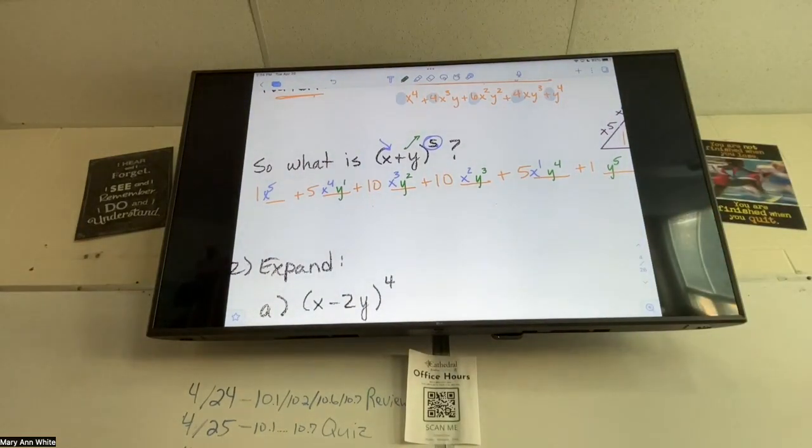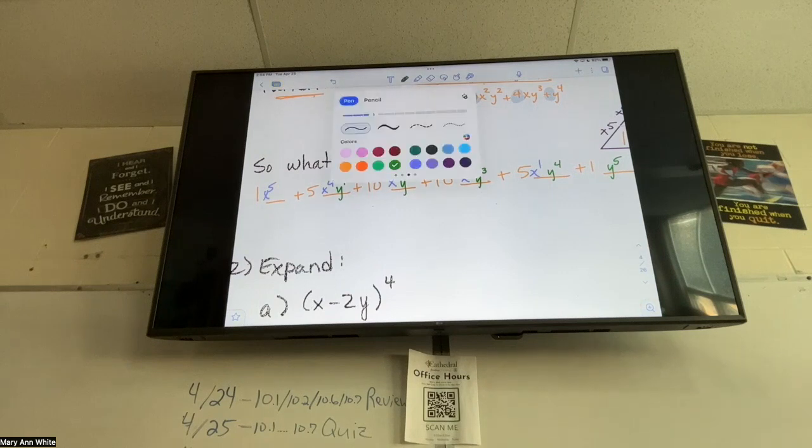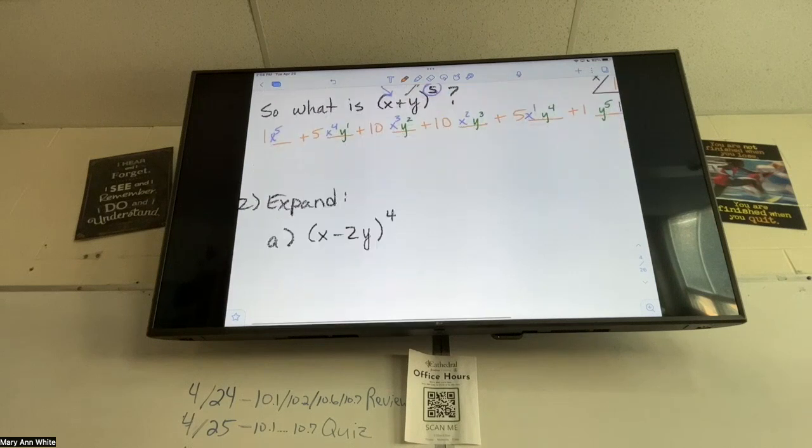Okay, now we gotta clean it up. Now we gotta simplify. This one's pretty clean as it is, but I'm just gonna write it all in one color. If we had any coefficients like we have on the next ones, we'll see what that looks like momentarily. But this is gonna be x to the fifth plus 5, x to the fourth, y, plus 10, x to the third, y squared, plus 10, x squared, y to the third, plus 5x, y to the fourth, plus y to the fifth.